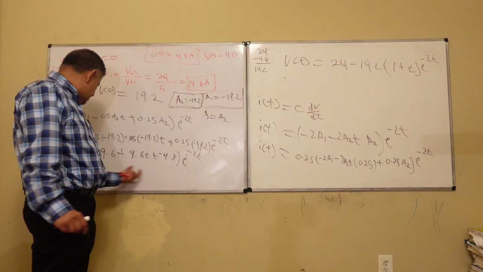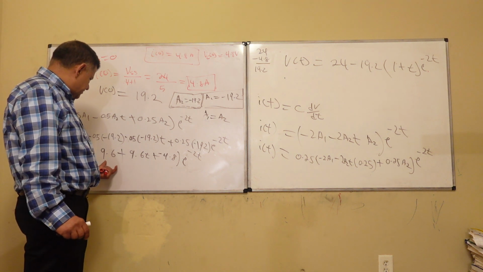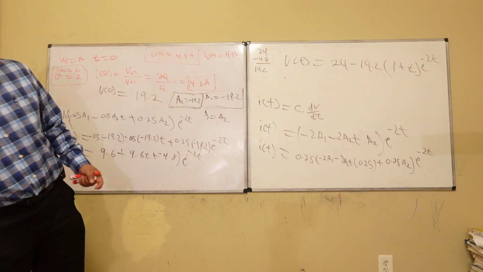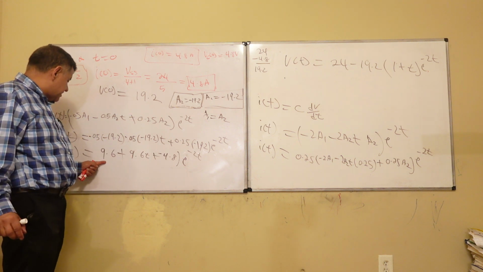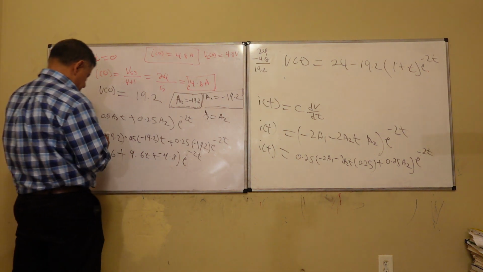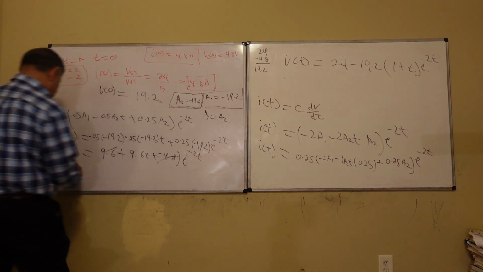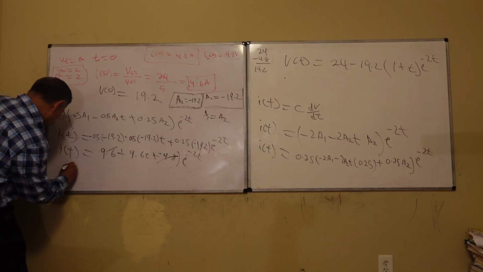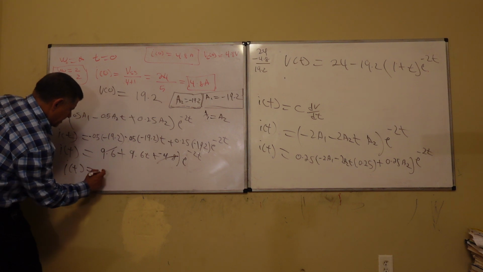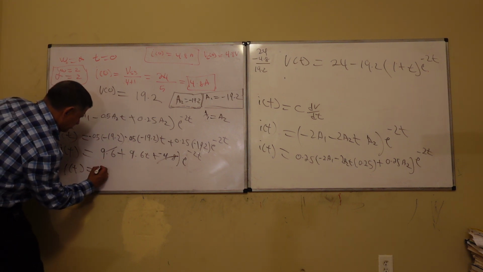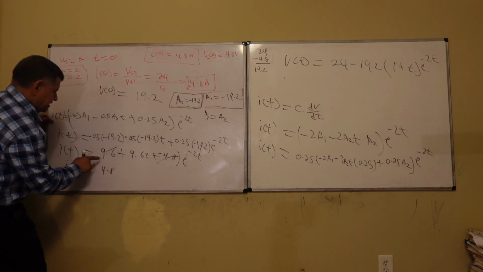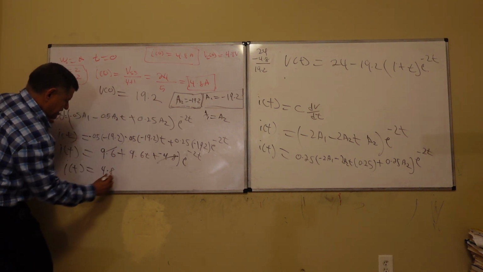So you add this to this, it is 4.8. So this is equal to 4.8. And now what you do is just add this to this and this. So now you got that I of t is equal to 4.8. It is positive because this was negative.